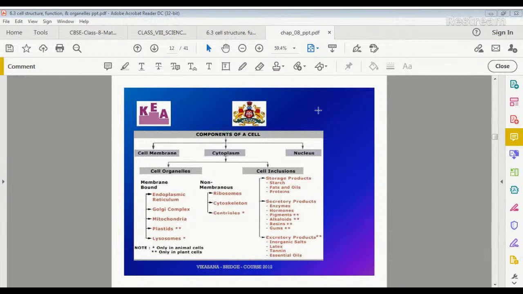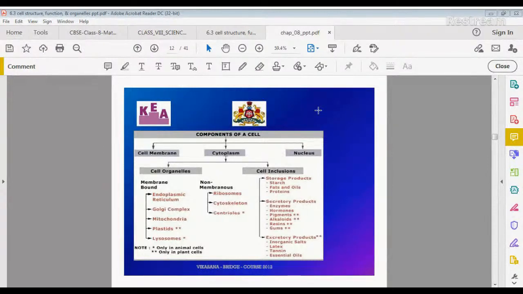In membrane bound, you will see that endoplasmic reticulum and Golgi complex are there, and they are in both plant cells and animal cells. Mitochondria are also in both. Then come plastids and lysosomes.